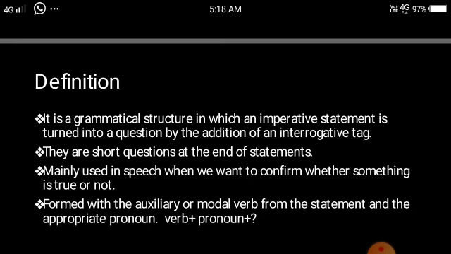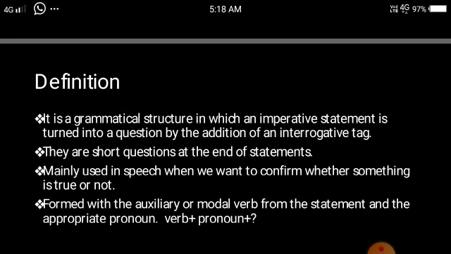Once again, we are going to look at only these two examples. It is very cold today, isn't it? Now, I said, how do you form a question tag?